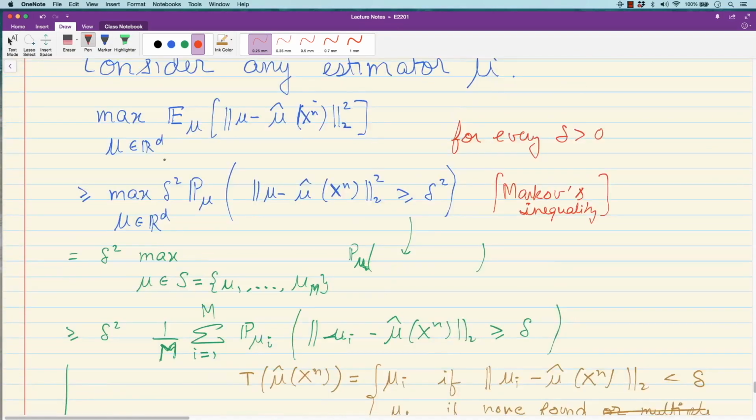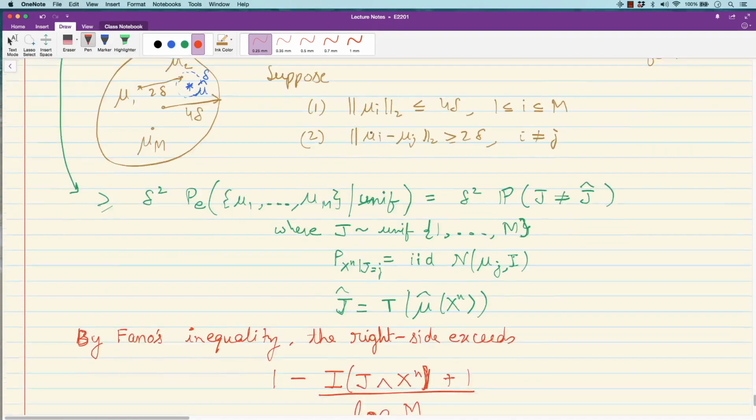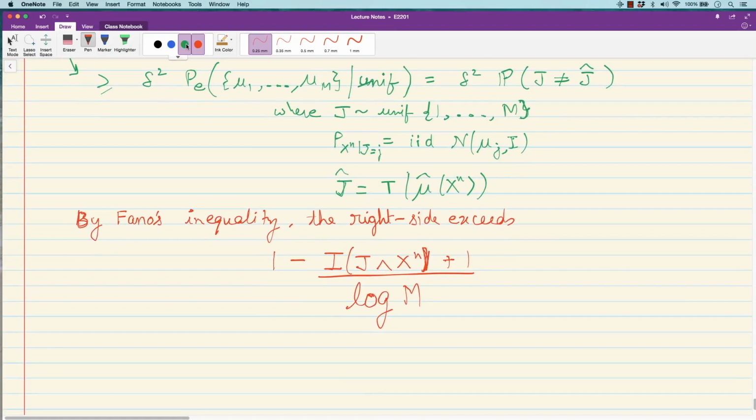So what we have shown is that max over mu in R^d of the expected value over mu of the norm of mu minus mu hat of x^n, for any mu hat, we haven't made any assumption about mu hat, is greater than this times delta square. This delta square is from here.